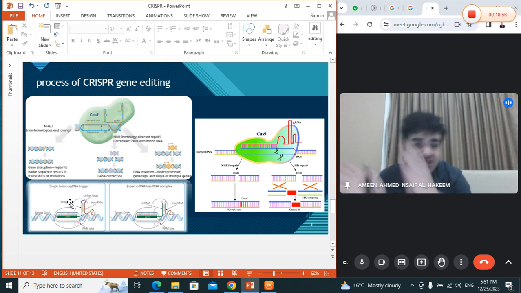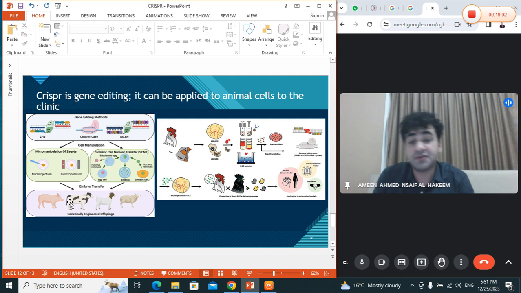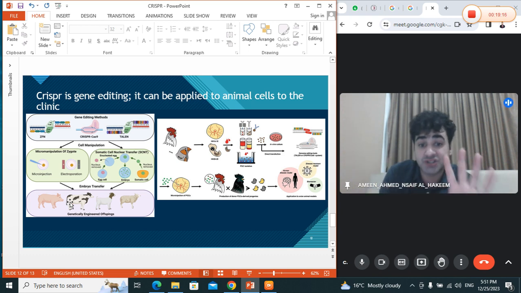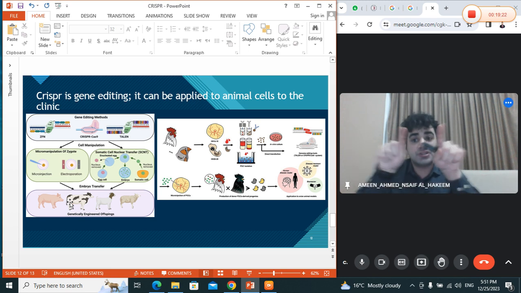So this is the single function and part of the function, the modification by the gRNA. So CRISPR gene editing can also be applied to animals in general. It has many applications in animals: creating knockouts, functional genomics, agricultural applications, and biomedical and therapeutic uses.